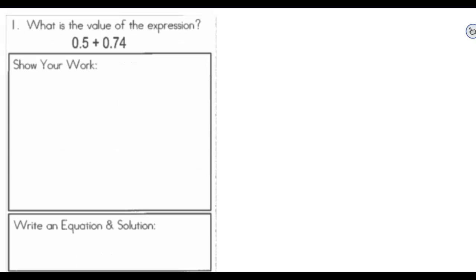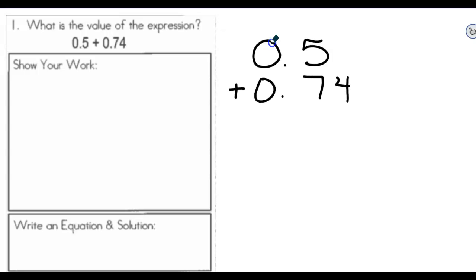You can hear me as I solve these problems. I'm just going to talk about them and solve the problems so that you can see how I went about it. So I'm going to line my decimals up. I'm going to go ahead and put a decimal here, and I'm going to put that placeholder 0 there, and then I'm just going to add. 5 plus 7 is 12.